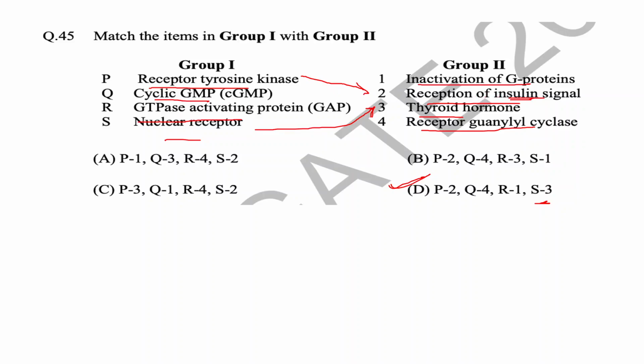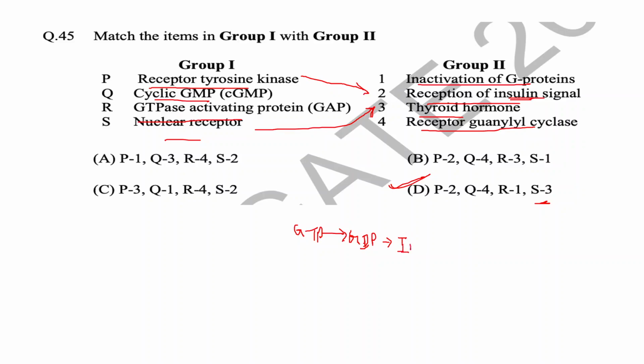Whereas GTP activating protein is the enzyme which converts GTP to GDP, okay. So when GTP is converted into GDP, it leads to the inactivation of G protein.